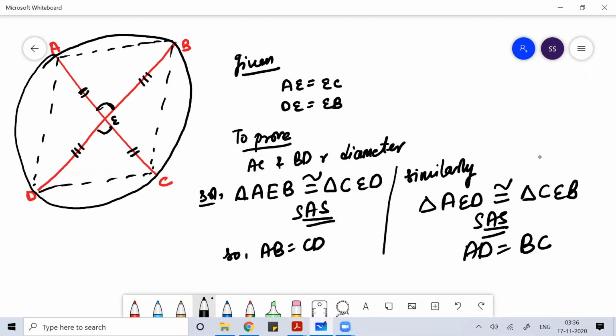I need to prove ADC is 90 degrees. So how will I prove that? Equal chords subtend equal angles at the center. So the sides are equal: AD equal to BC, AB equal to CD. So opposite sides are equal.